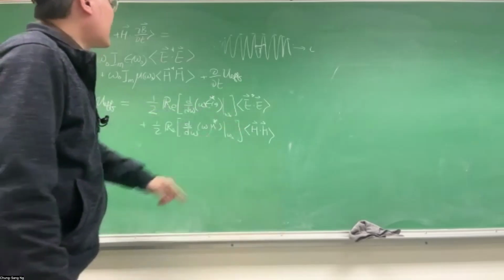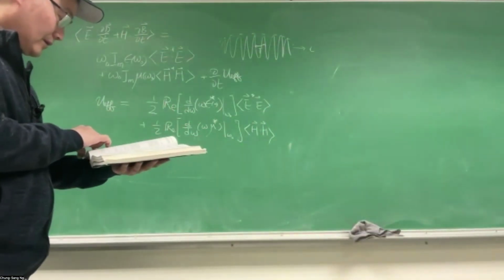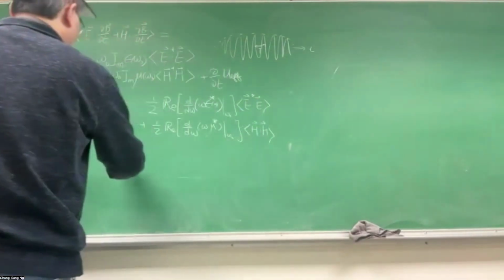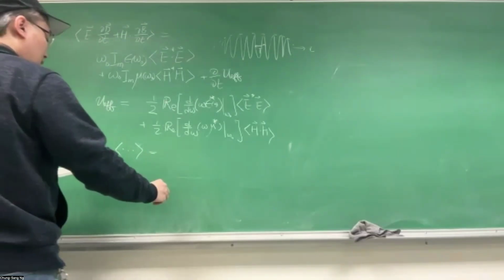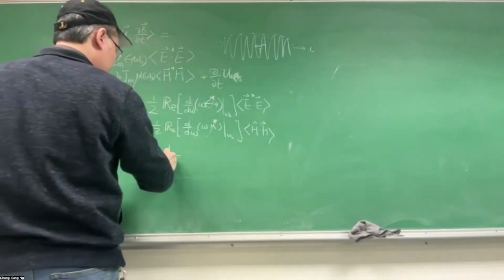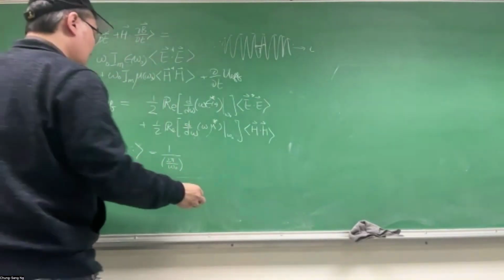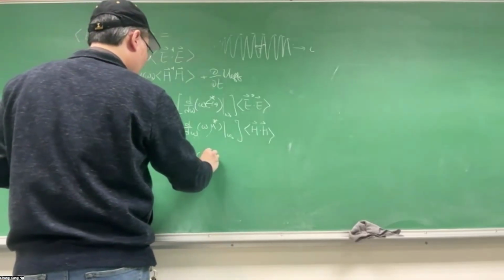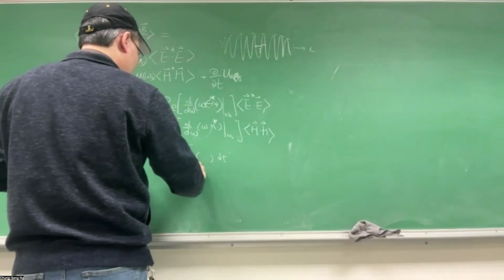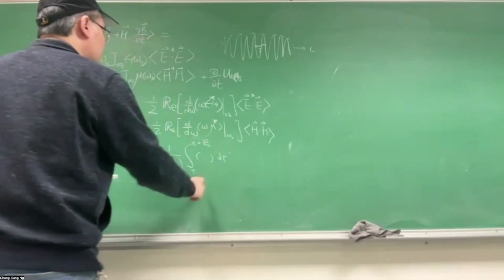Yeah, this one originated from how we find the time average. The time average is defined as one over the period times the integral of whatever the quantity is dt, where the period is 2 pi over omega sub 0, from any time t to t plus the period.